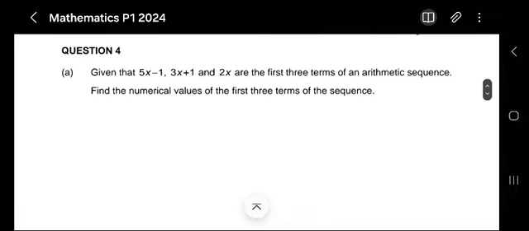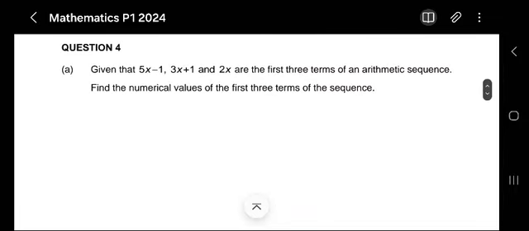So question 4, we're given 5x minus 1, 3x plus 1 and 2x as the first 3 terms of an arithmetic sequence. An arithmetic sequence is the same as a straight line. Find the numerical values of the first 3 terms of the sequence. Okay, it's fine.